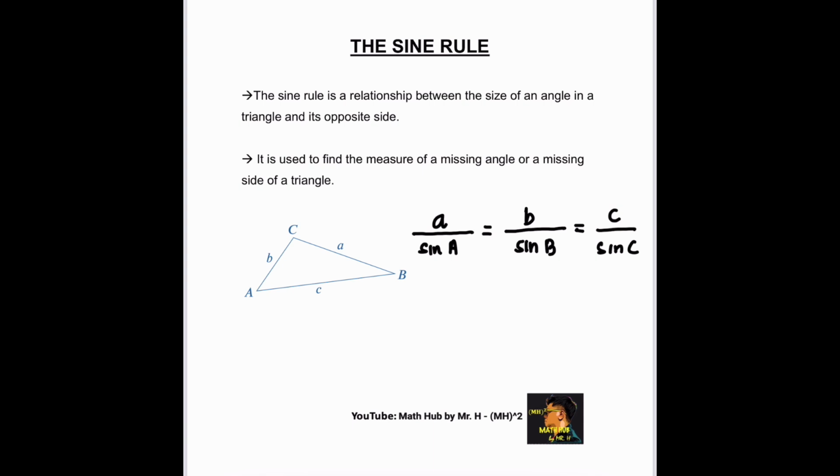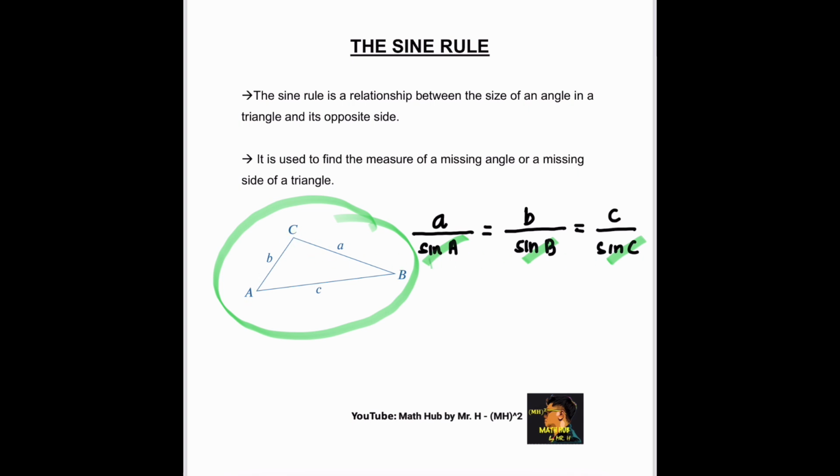The lowercase letters, these three, refer to the sides or the length of the side, as you can see from this triangle on the left, while the capital letters are the vertices.